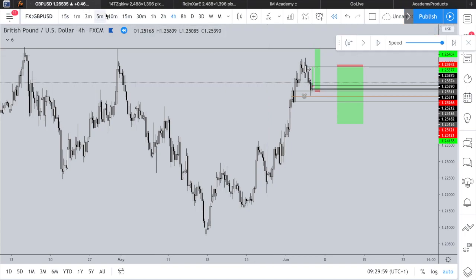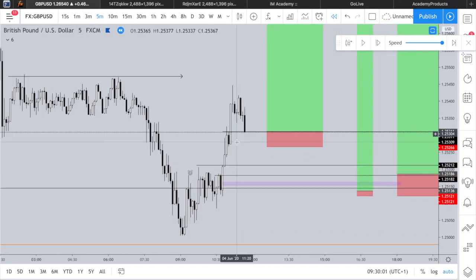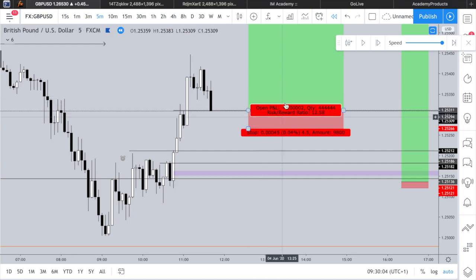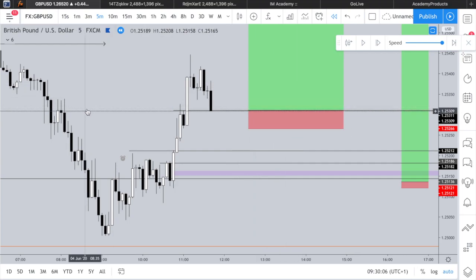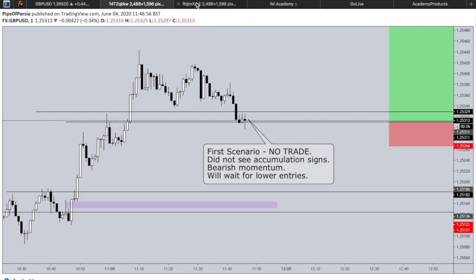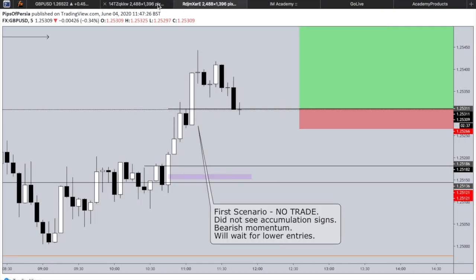So going back to that 5 minute entry, this was the first scenario that we had. Just before this video, I showed these two pictures that we took exactly when the market approached those 5 minute entries.